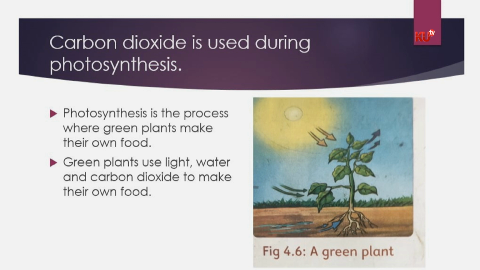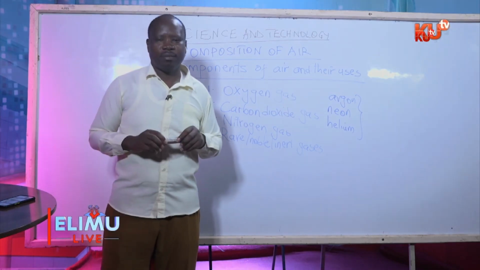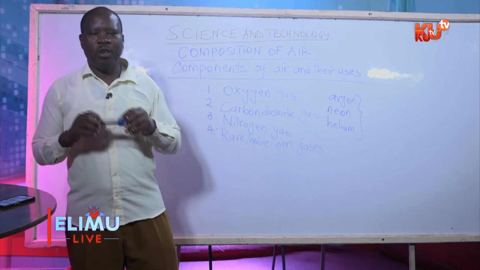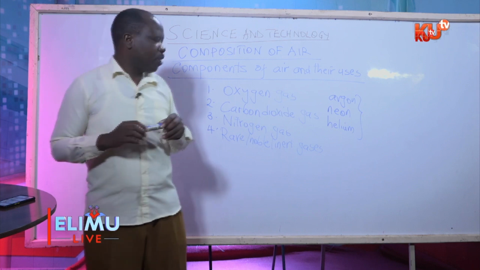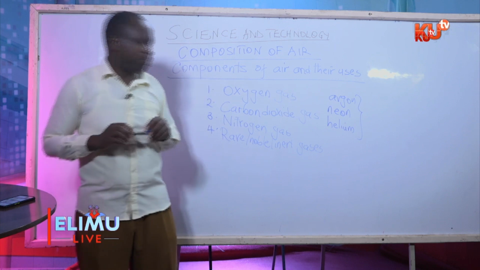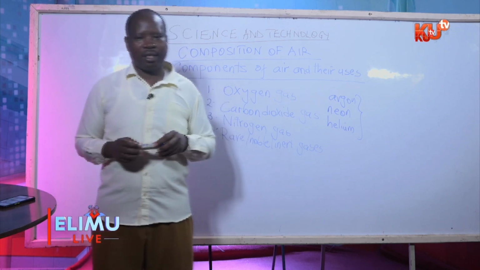When you breathe out, if somebody breathes out near you, is that air that a person breathes out appealing or not appealing? Is it pleasant to your nose? When you pollute, we say a person pollutes the environment. That air that is produced by this person is an example of carbon dioxide.